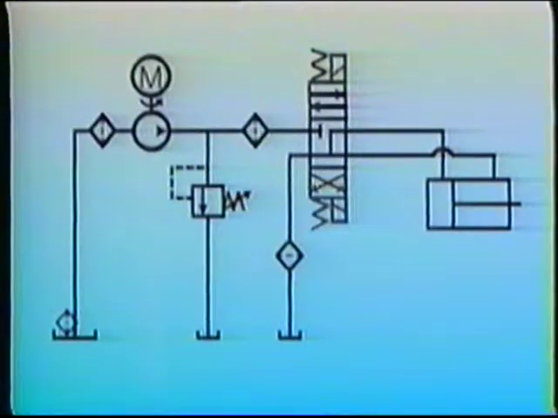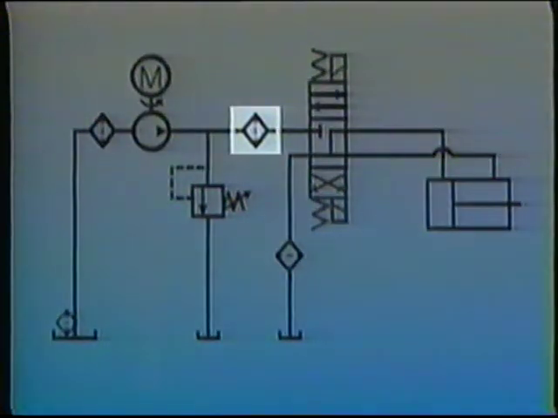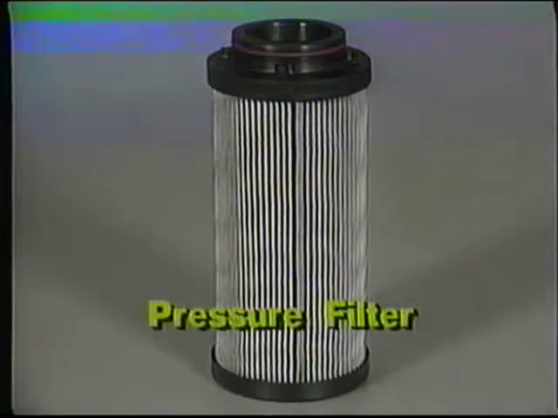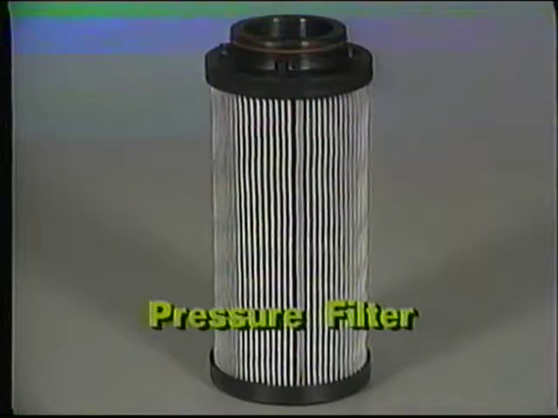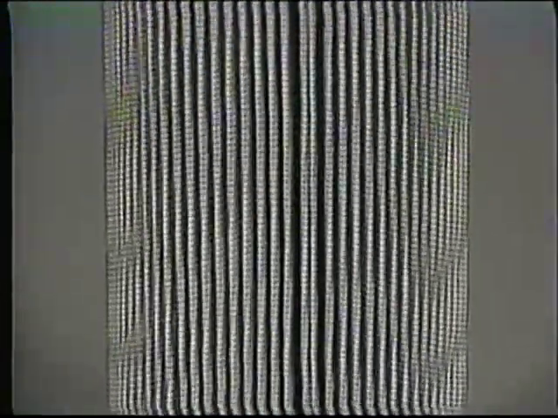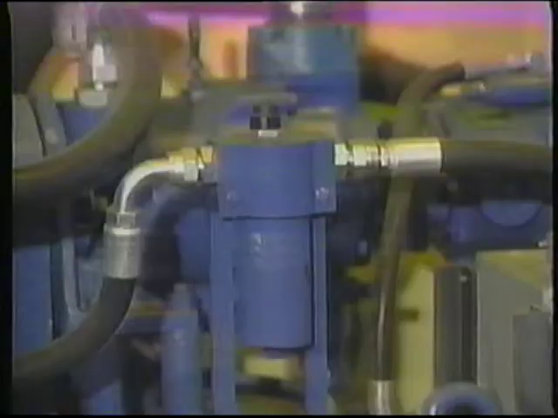A third kind of filter is the pressure filter. It is placed in the system on the pressure side of the pump, between the pump and the rest of the system, or at a valve. Pressure filters can provide very thorough filtration, often as small as 3 microns or less. This is because the full pressure of the system is available to force the fluid and the contamination into the filter.